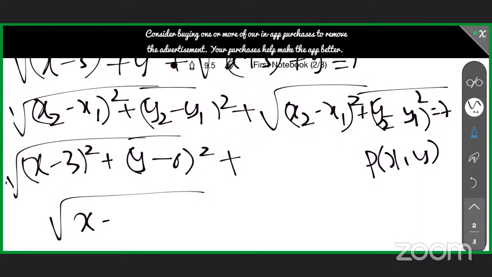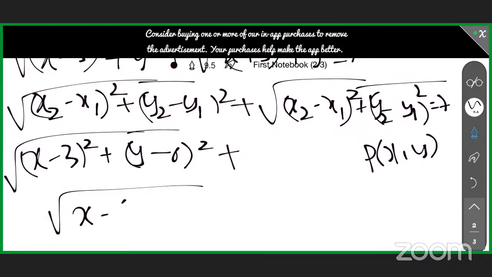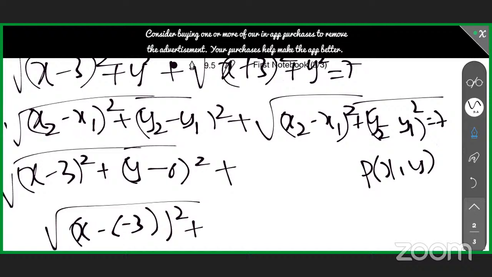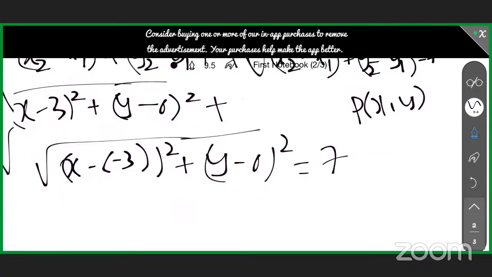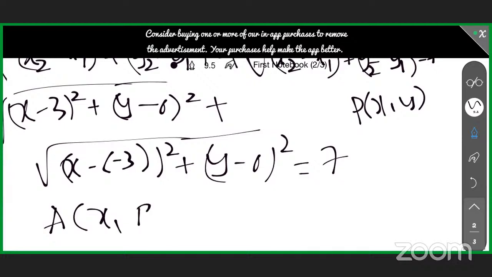Since plus is there, I want to get minus in the formula, so minus of minus 3 whole square, plus y minus 0 whole square is equal to 7. If you compare carefully, my point (x1, y1) in the first one and my point, let's say, (x3, y3) in the second one.